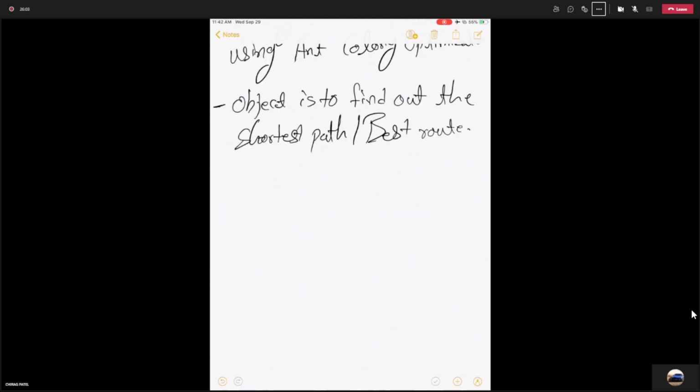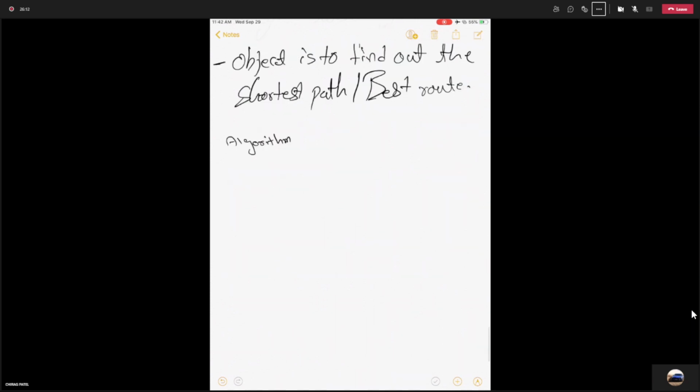So if you design the algorithm, first we need to initialize the best route, and we need to update it later. You can initialize it with some values, or you can initialize with 0 also, no issue about it.